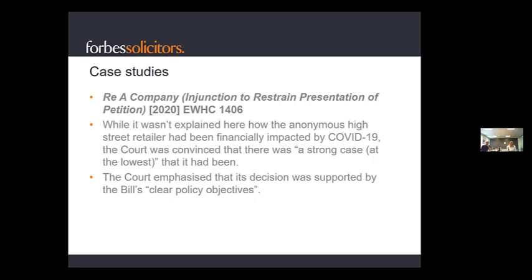This is a matter that related to a high street retailer which had been financially impacted by COVID-19, and the court was satisfied that there was a strong case at its lowest that it had been impacted by COVID-19.